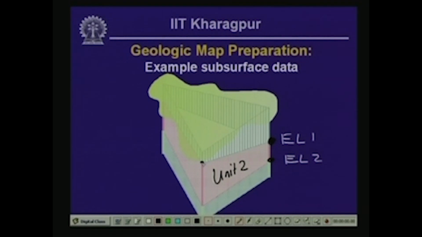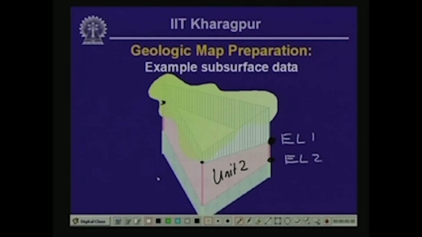So, we take the top elevations in all the 3 boreholes of unit 2, and from these 3 elevations we can try to develop a contour map which will show us the geometry of the top of unit 2.